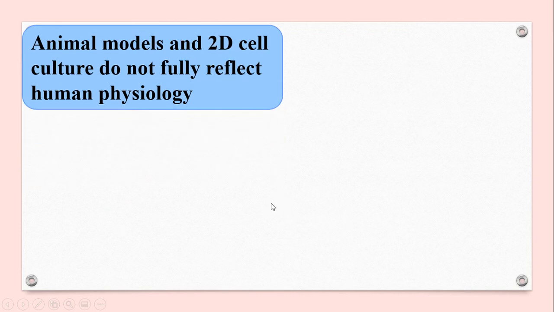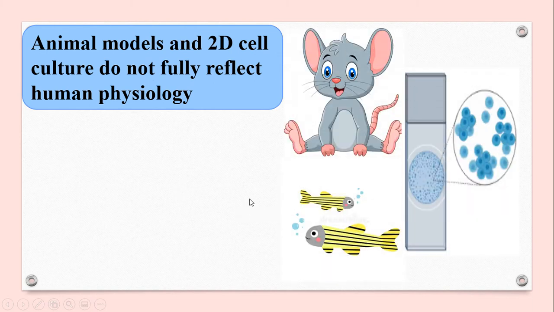So why is it important to have 3D cell culture? Why can't we use just an animal model or 2D cell culture? The main reason is that 2D cell culture and animal models do not fully reflect human physiology.